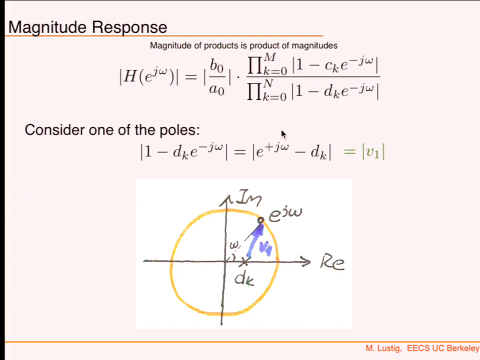Let's look at what it actually is. dk is a coordinate where the pole is. e^(j omega) is somewhere on the unit circle, where I want to evaluate the magnitude frequency response. And so I look at the difference between this coordinate and this coordinate, which gives me a vector V1, and I'm going to look at its magnitude.